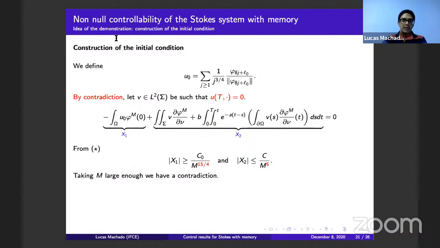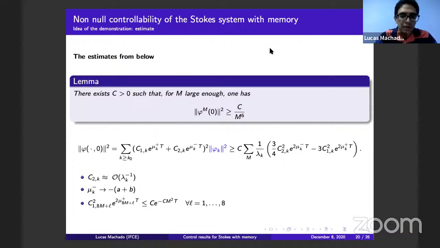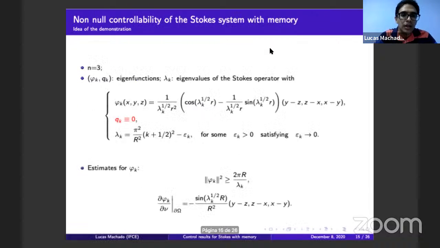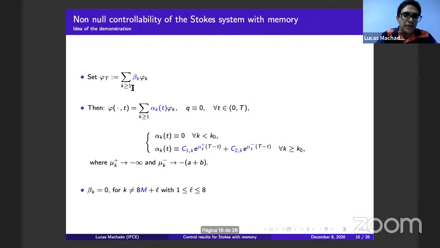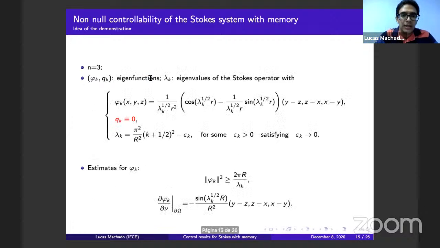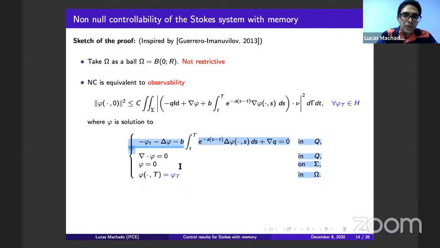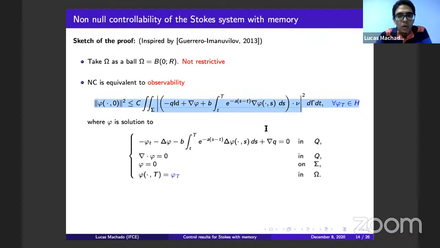Well, with the sequence p_k, we can also obtain an explicit initial data for the Stokes equations with memory. Because an observation phi at time t is a data for the adjoint problem, and if you prove that the observability inequality is not true, then we don't have null controllability.